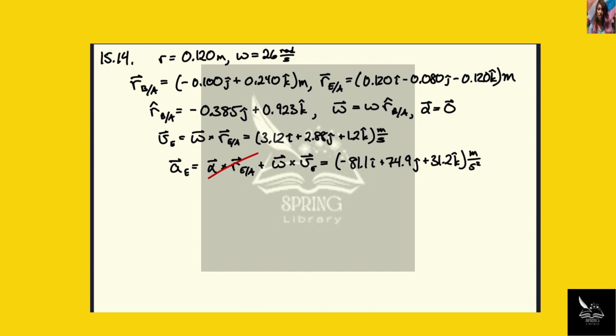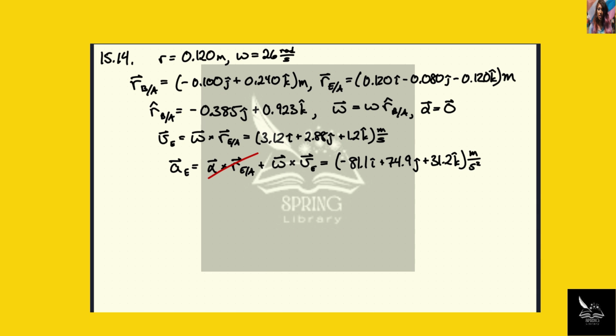Then we can figure out a vector from A to E, again using A as our reference, also given in meters. This is at the instant in time shown in the figure.